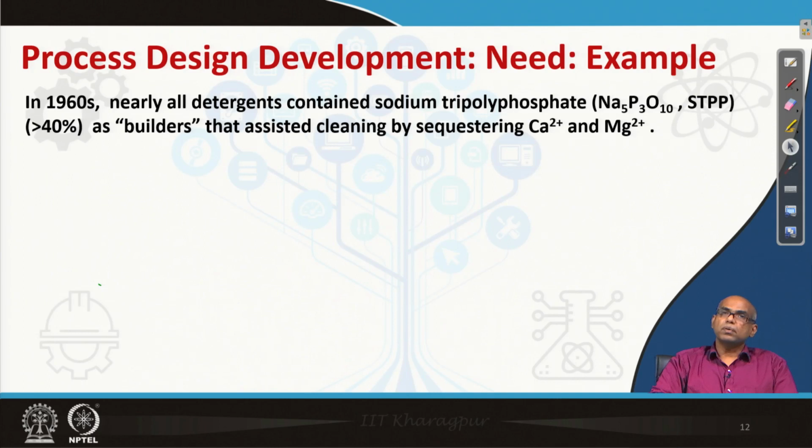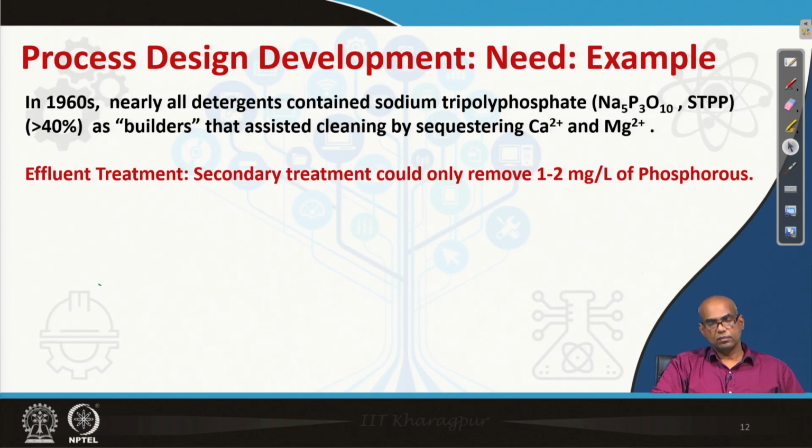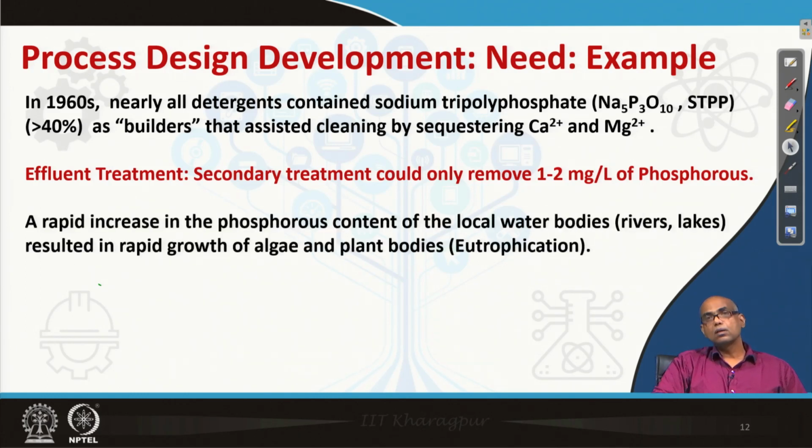The amount of STPP in these detergents used to be as high as 40% or even higher. During effluent treatment, the secondary treatment could only remove 1 to 2 milligram per liter of phosphate. So, these effluents used to be sent to local rivers or water bodies with lots of phosphates in it.